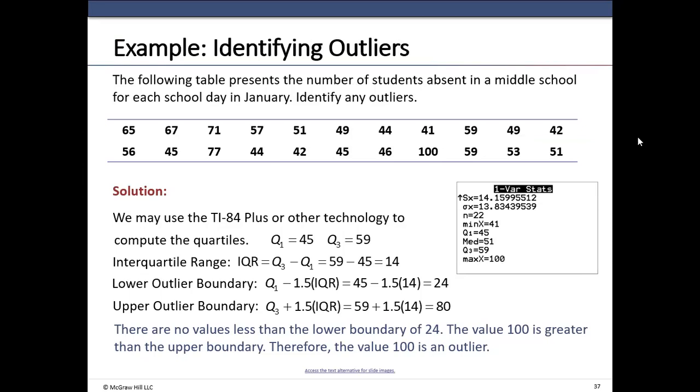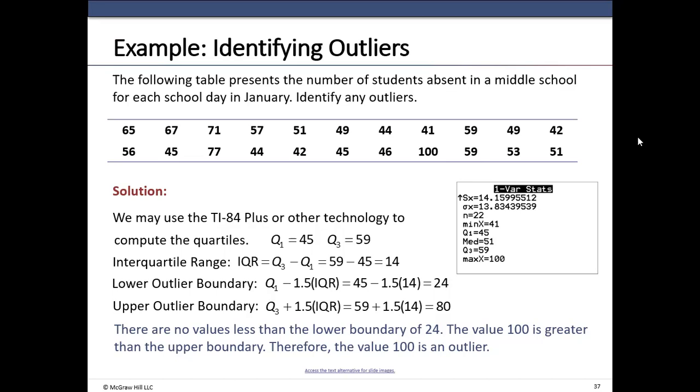Then stat 1. Enter the data in L1, this data set. 65, 67, 71, 57, then 51, then 49, then 44, then 41, then 59, then 49, then 42, then 56, then 45, then 77, then 44, then 42, then 45, then 46, then 100, then 59, then 53, then 51.